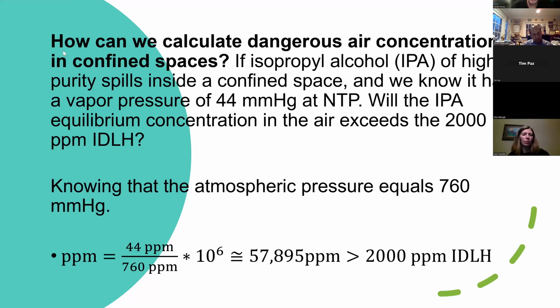Then we multiply that by 10 to the power 6 because it's parts per million. That will result in approximately 57,895 parts per million, which is way above the permissible exposure level, and above the immediately dangerous to life and health level.